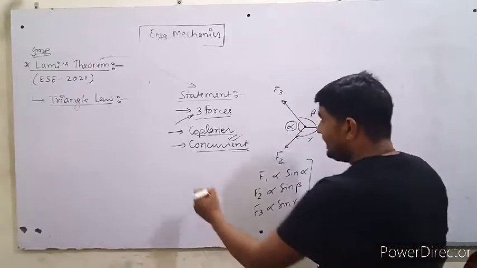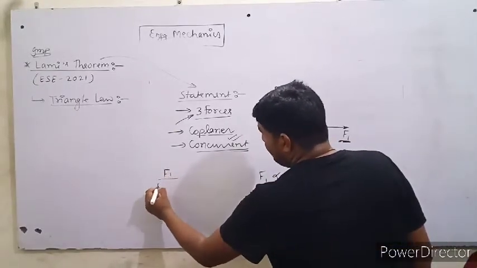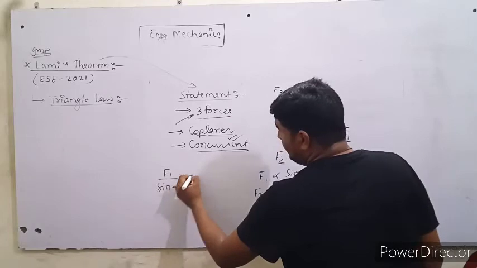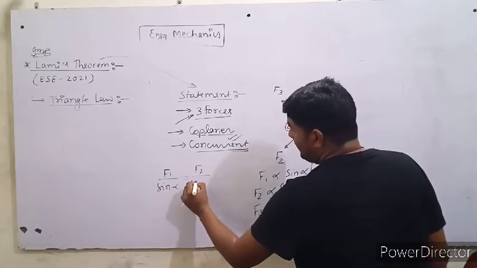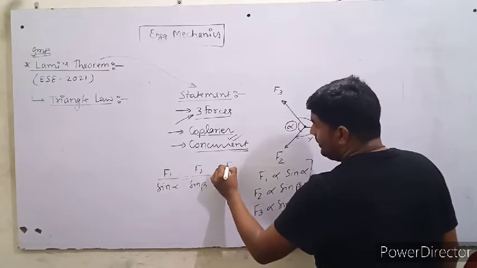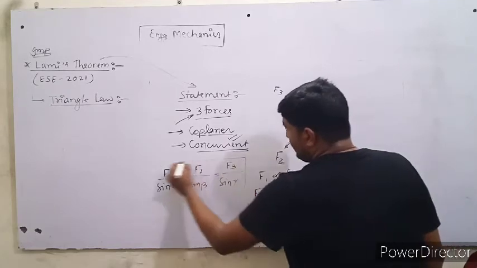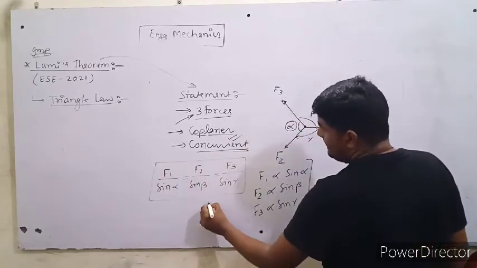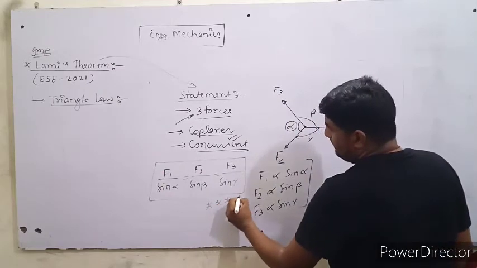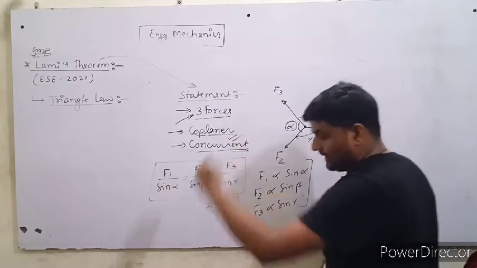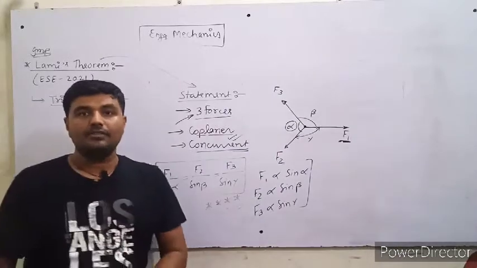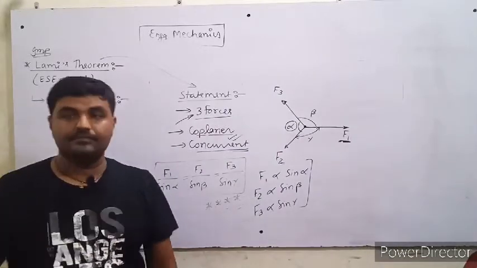Or we can say that F1 upon sine alpha equals F2 upon sine beta equals F3 upon sine gamma. This ratio is the statement of Lami's theorem.